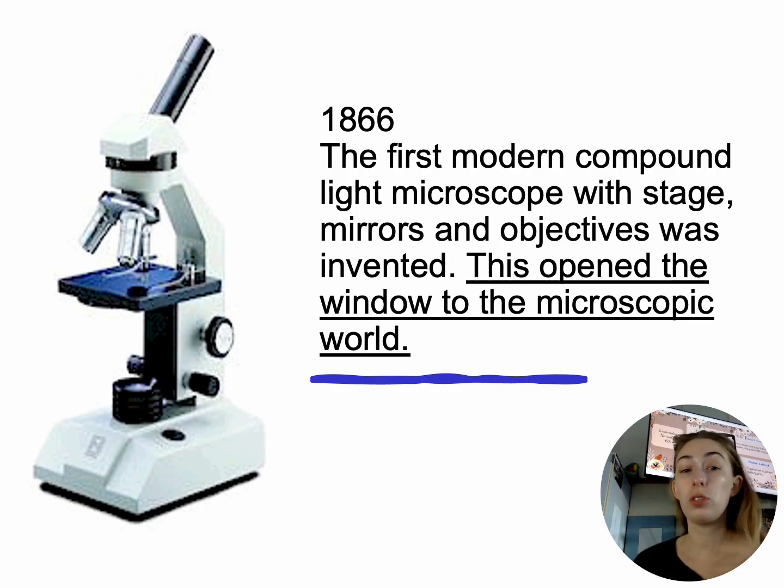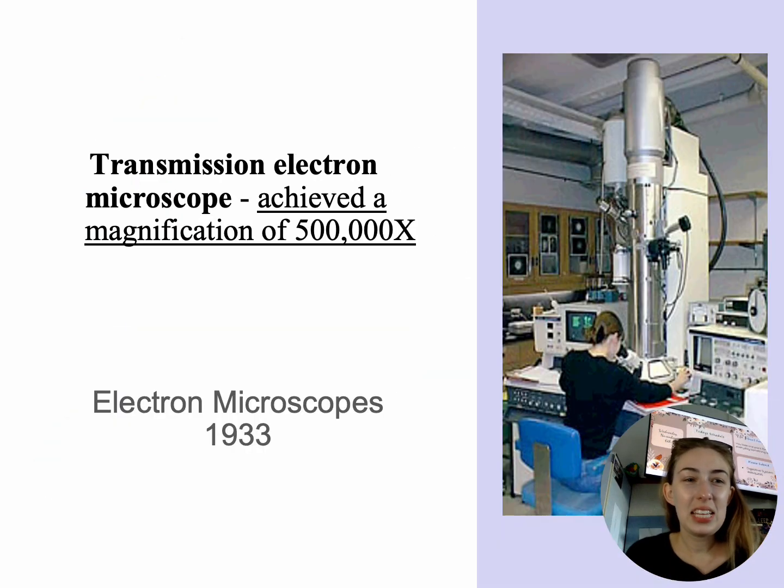This really opened up the microscopic world, where we were able to make really amazing scientific discoveries that have led to all the new studies in medicine and cancer research. This is just your basic compound light microscope that really revolutionized the world.